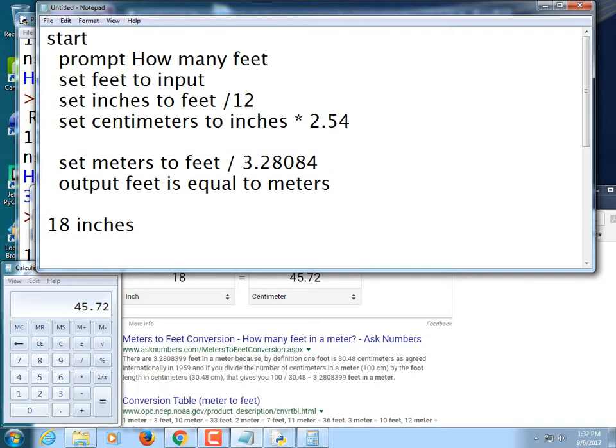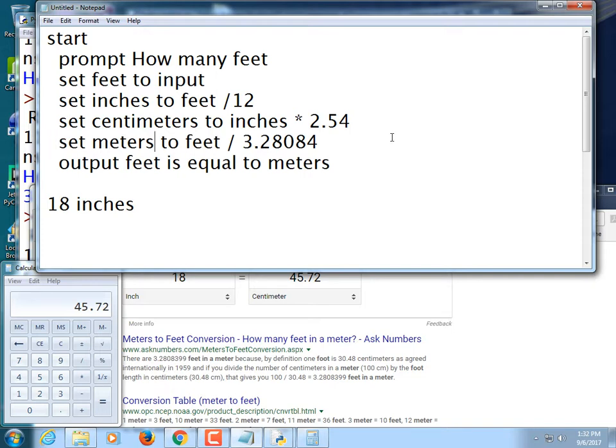So now what do we need to do? Centimeters to meters. So meters is equal to what? Centimeters times 100. Do y'all agree?